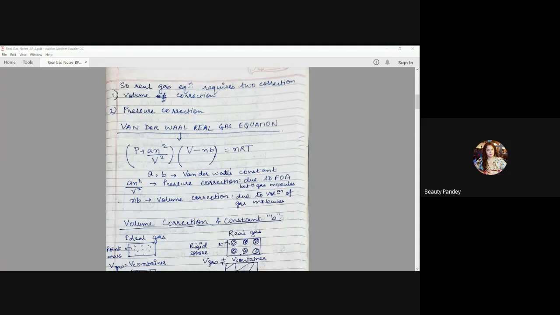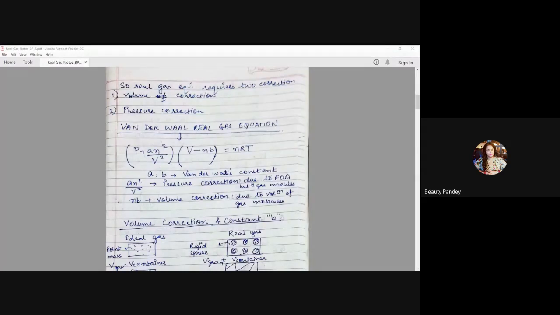So that volume which was subtracted was taken as b for 1 mole, and if there are n moles, then nb. Since the total volume is always the volume in which the gas is able to move freely, in the case of real gases we have to subtract the volume of the real gas from the total volume of the container.